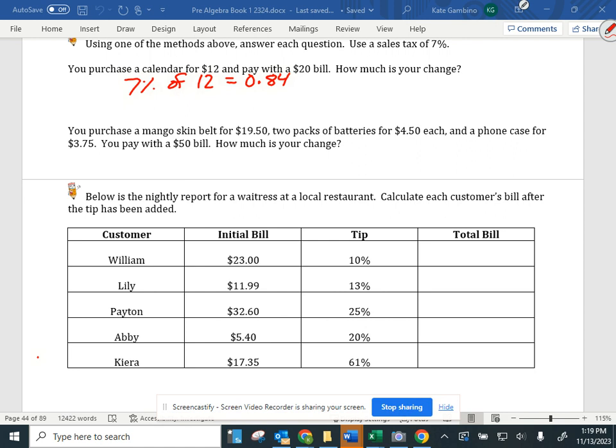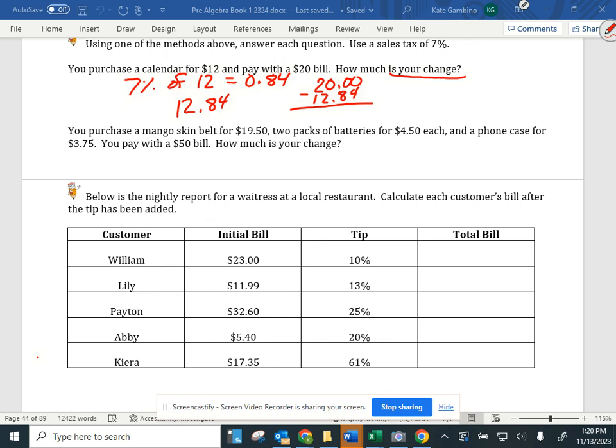So now what's my next step? So the first thing we have to know is how much we have to pay altogether. So we're going to pay $12.84, but that's not my answer. The question is what's your change? So we need to subtract that $12.84 from the $20 that we paid with.